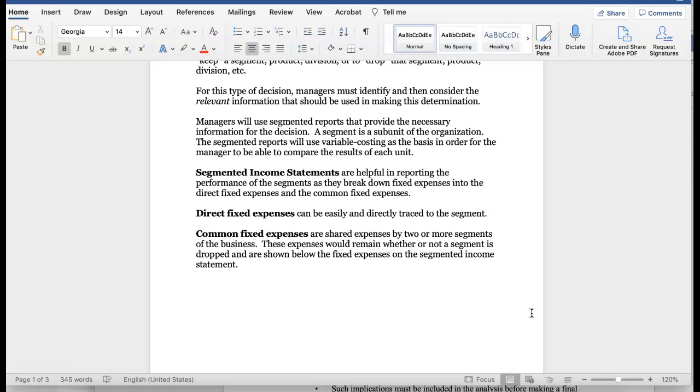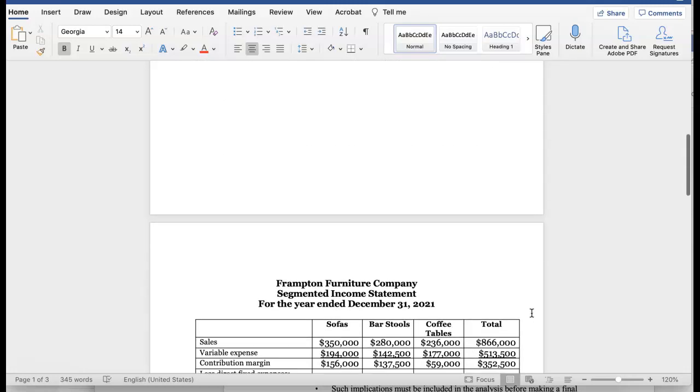Common fixed expenses are shared by two or more of the segments of the business, and those will remain whether or not we drop a segment. So the common expenses will remain, but we may have some direct fixed expenses that can be eliminated, and let's look at an example to see how this works.